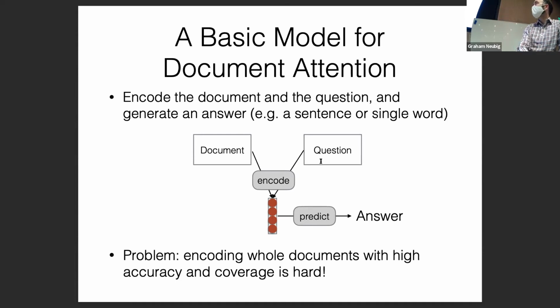Because if you try to encode the document to answer every single possible question, it's really hard to guess in advance what sort of information you would be needing. So an important first thing to know is that these joint encoding models are the state of the art in any kind of QA style task.